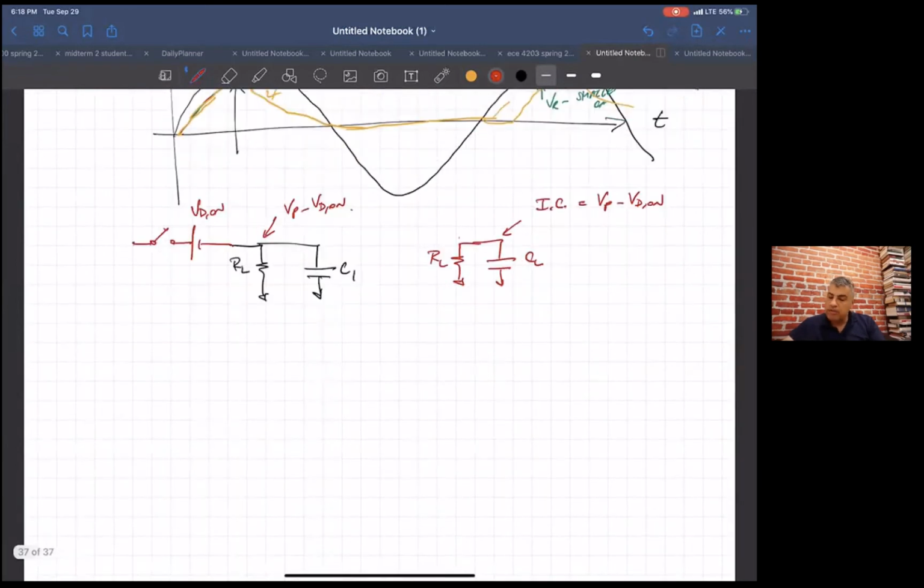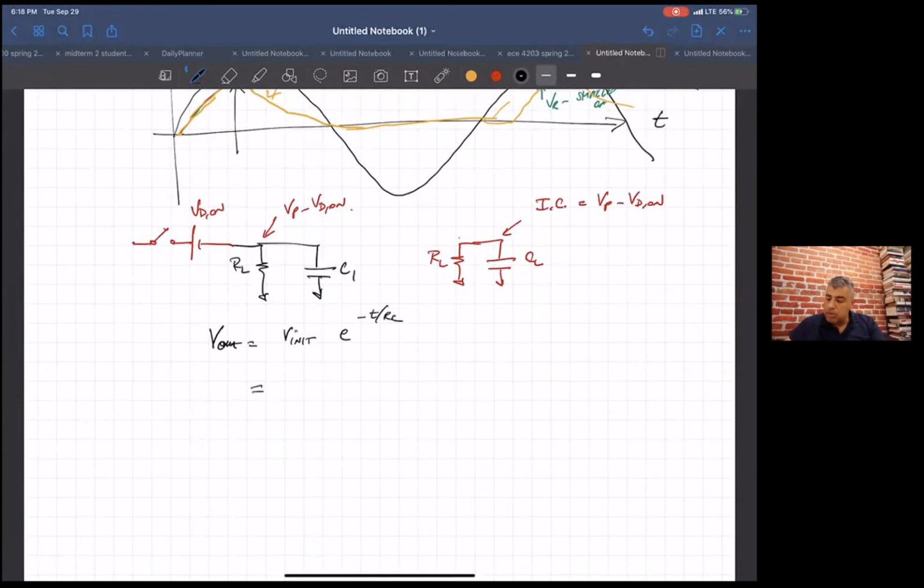and this RC network is going to discharge this point. I'm not going to derive this, but hopefully you've seen this before: it's this exponential drop of this RC network. So it's the V initial times the exponential of minus t over RC.